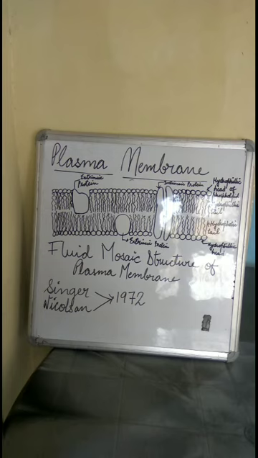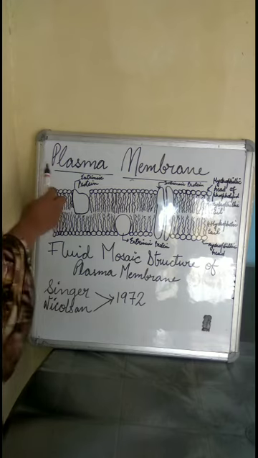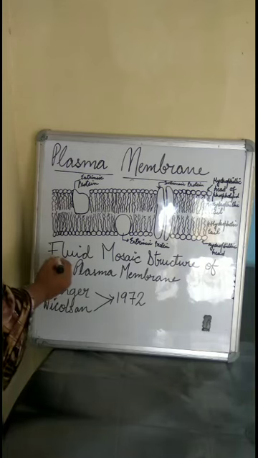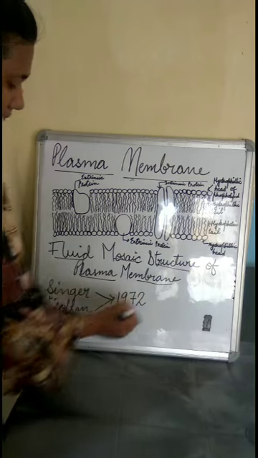Previously we discussed the structural organization of the cell, what structural components are present in the cell. The first one was the plasma membrane. Now I will discuss in brief the plasma membrane. This is the fluid mosaic model of the plasma membrane.